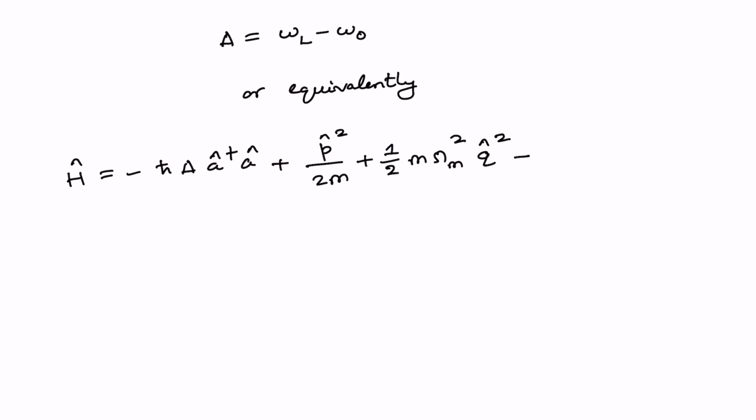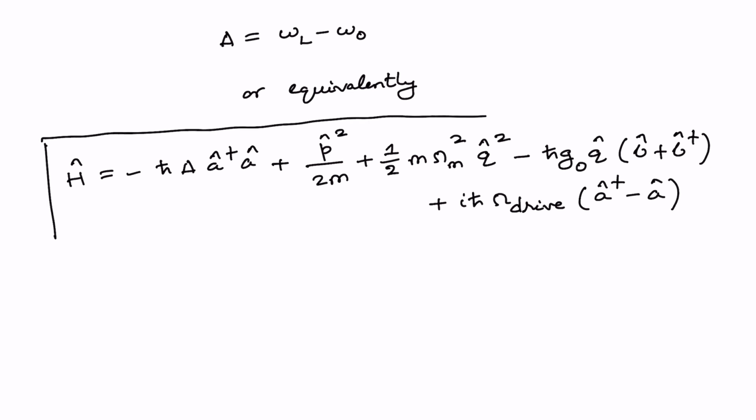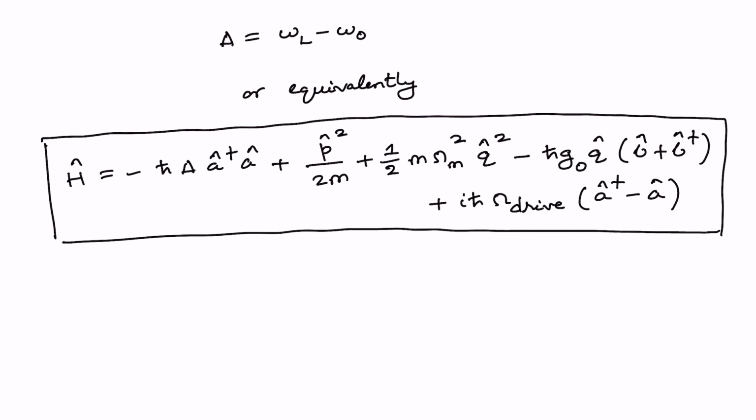Then I have this interaction term minus h bar Z0 q cap, b plus b dagger, and then we have this laser drive term i h bar capital omega drive, a dagger minus a. So for now we are going to do our analysis around this Hamiltonian.